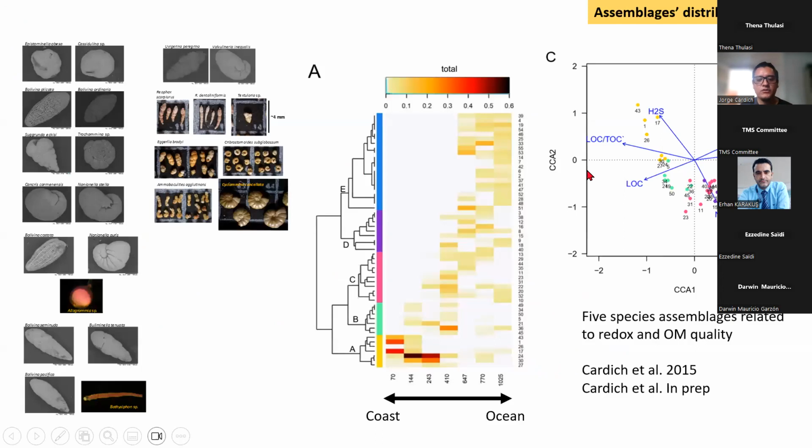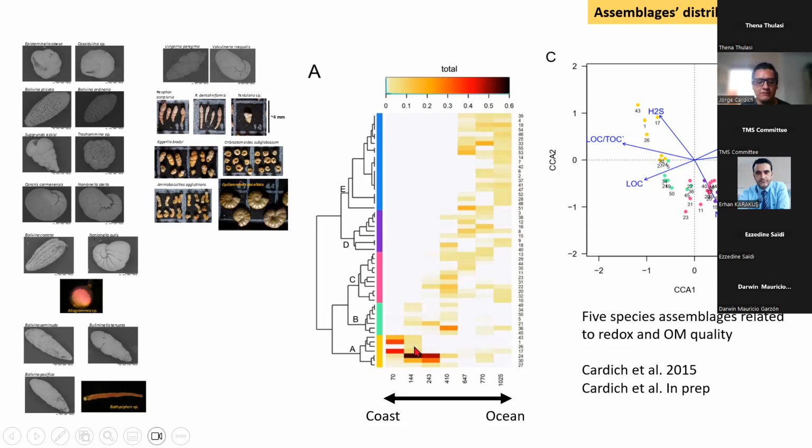Very quickly, I want to show how the community zonation happens. This is for the M92 2013. We have up to 60 species and 5 assemblages. They change from very close to the coast to very deep in the ocean. So again, from 70 meters to 1,025 meters, the diversity of species increases with depth.